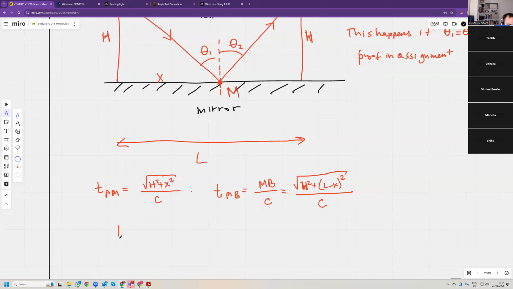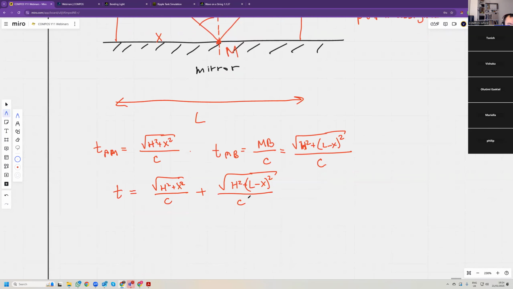And then the total time t is the square root of h squared plus x squared divided by c, plus the square root of h squared plus L minus x squared divided by c. And then if you differentiate that, if you do dt over dx, you find the derivative of the time with respect to x.